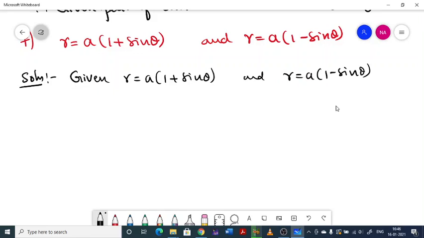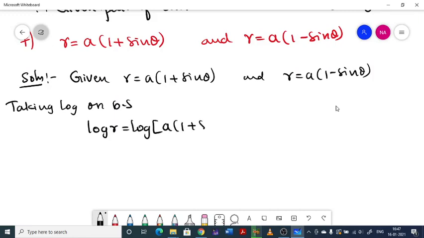Taking log on both sides and simplifying the expressions, we will get log r equal to log of a times of 1 plus sin theta, and here log r equal to log of a times of 1 minus sin theta.